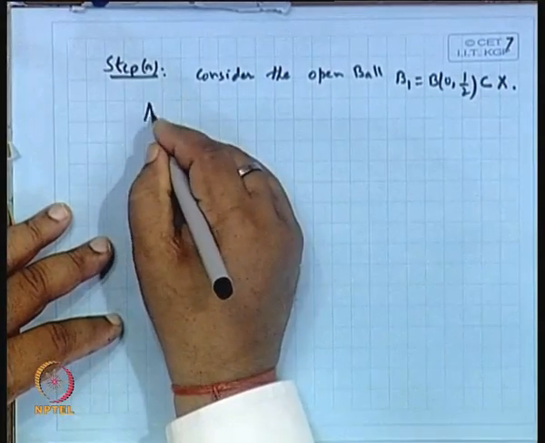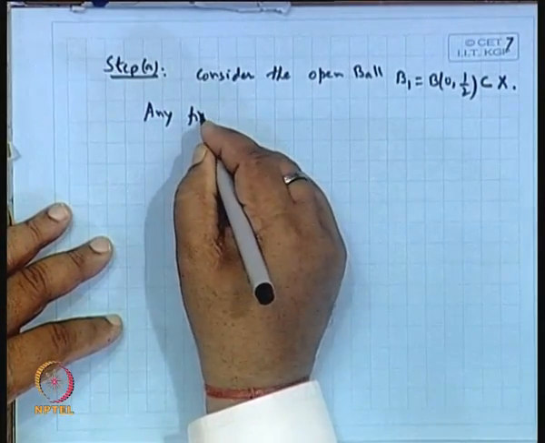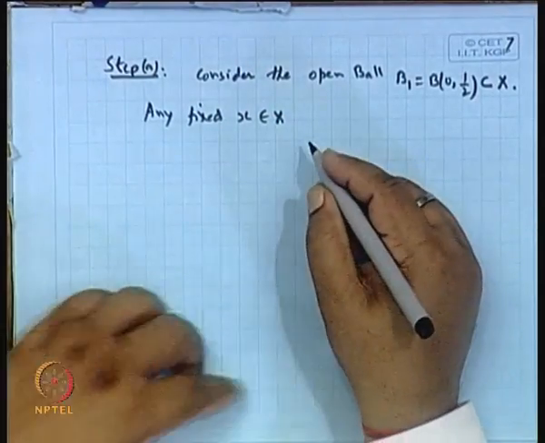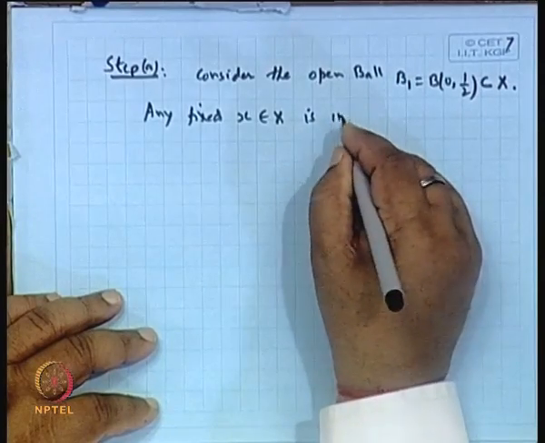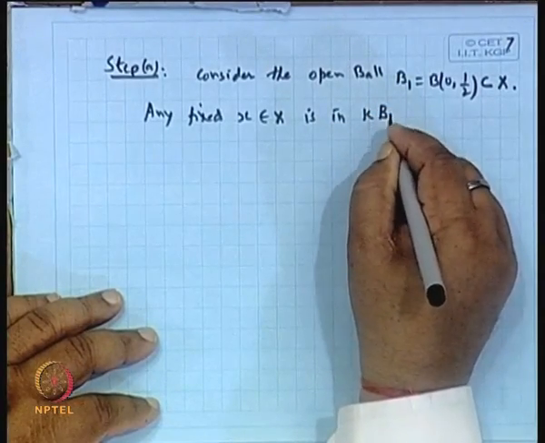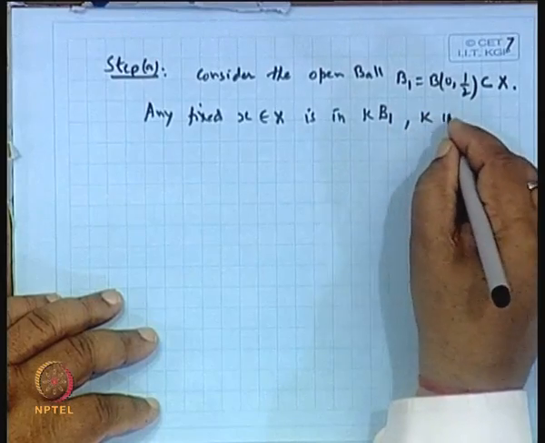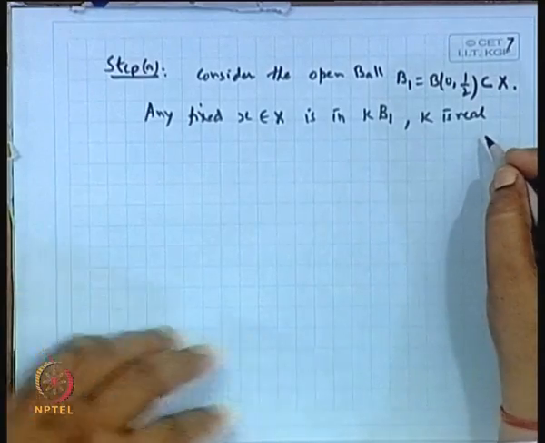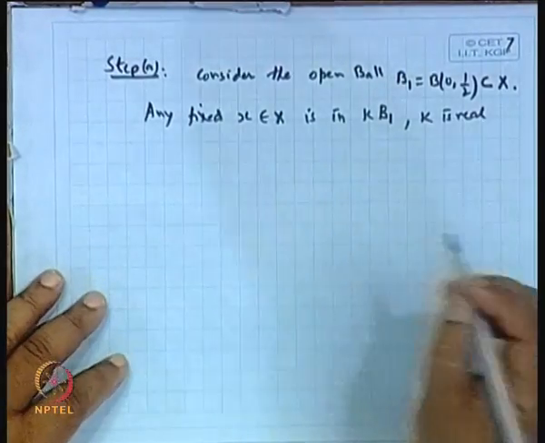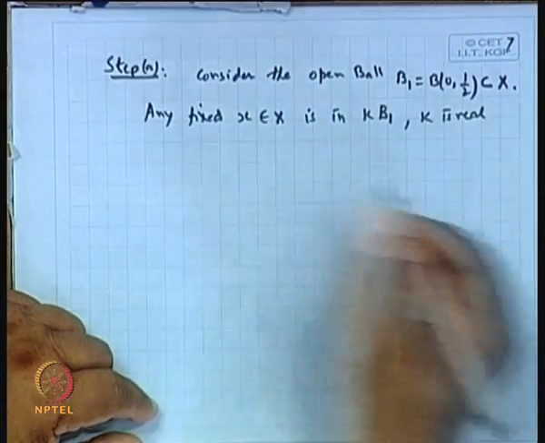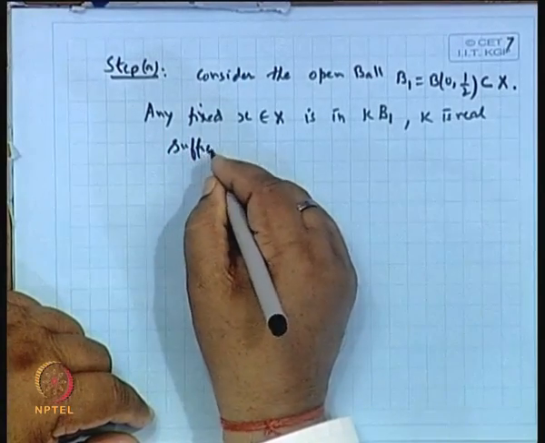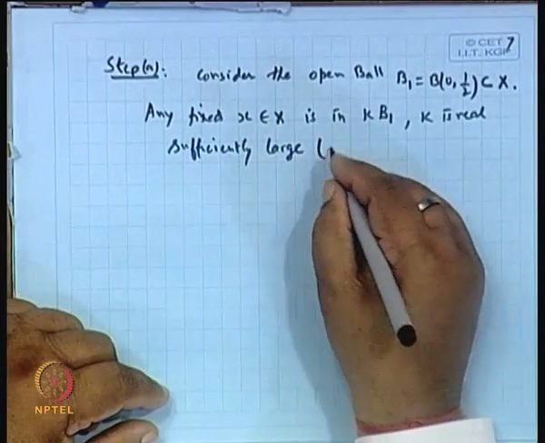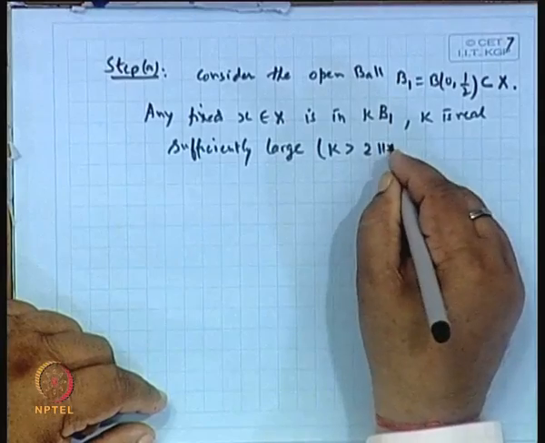So any fixed x is in k B1, where k is a real constant and sufficiently large, say k must be greater than 2 times the norm of x.